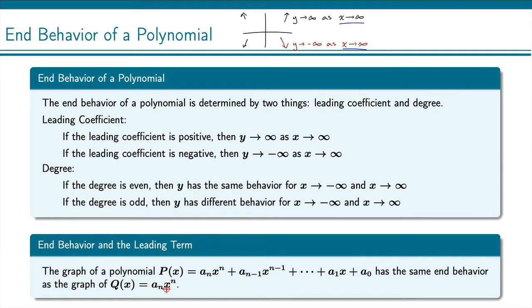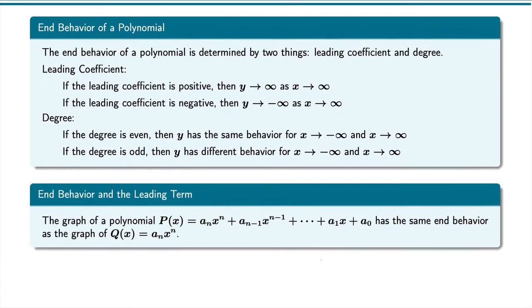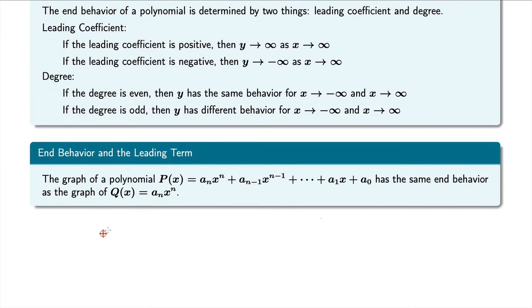For example, if I had a function p of x equals negative 3x to the 4th plus 2x to the 3 minus 1, I can look at just the leading term and think about what the graph of that would do.